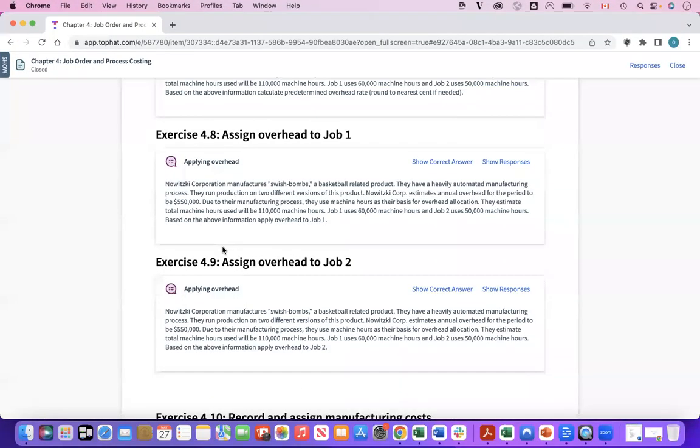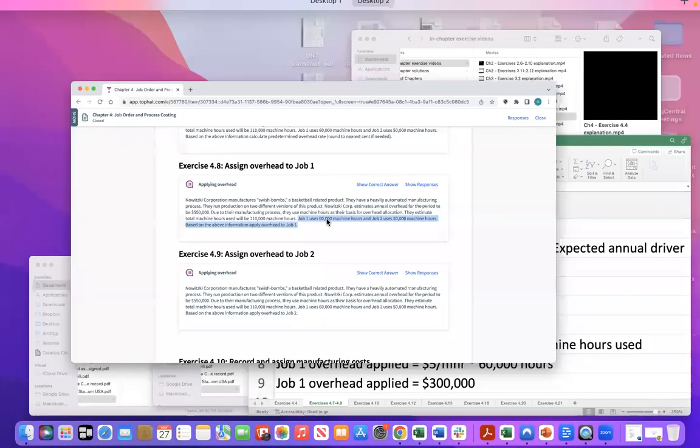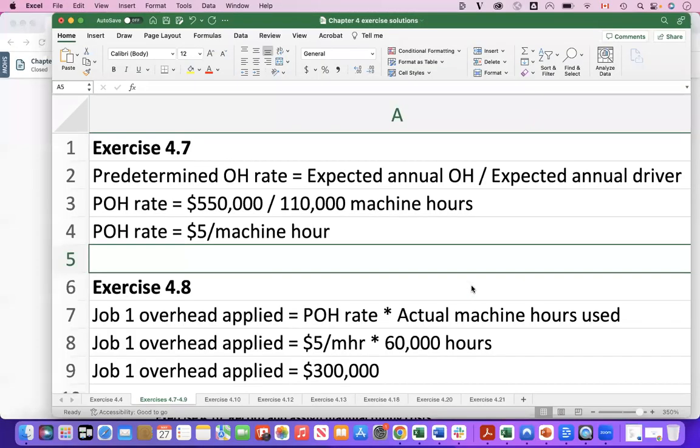For exercises 4.8 and 4.9, it wants us to apply overhead to job 1 and job 2. The information you need is that last line in each question stem: job 1 uses 60,000 machine hours and job 2 uses 50,000 machine hours. So now we can go ahead and apply overhead to each job.